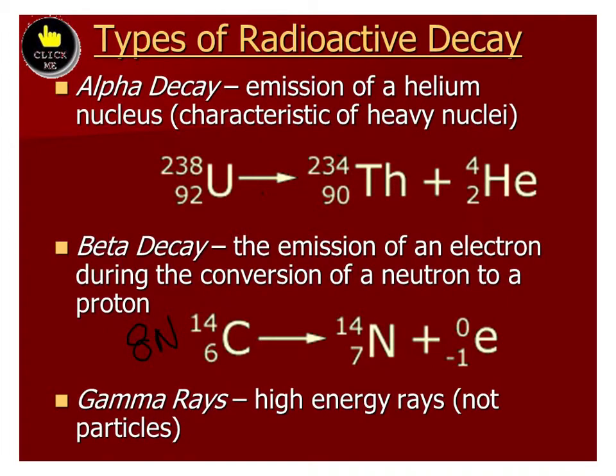They don't have any charge, they don't have anything, they're not particles. And the last one we talked about was the emission of a neutron, and you could see that over here. You're not going to see that much in this chapter, but if you go on in science, you may see this written like this, where n is the neutron, and it doesn't have a charge, so it's 0, and so that's what it would be written by.